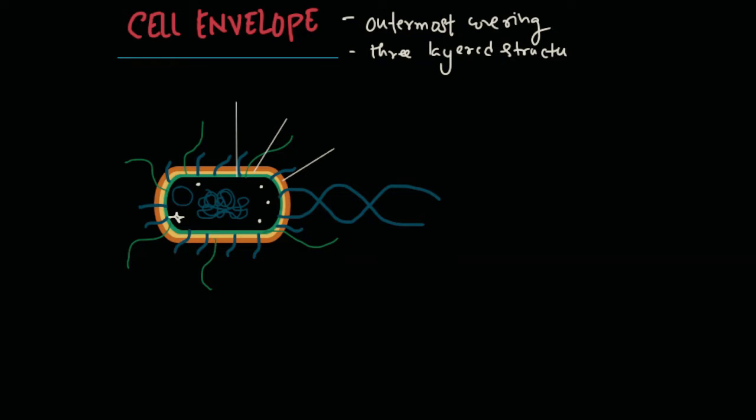The three layers consist of the outermost glycocalyx, the layer which is represented with brown color in the picture. Then we have the cell wall, the yellow layer, and the innermost cell membrane, which is highlighted by the color green. These three layers together form the cell envelope.